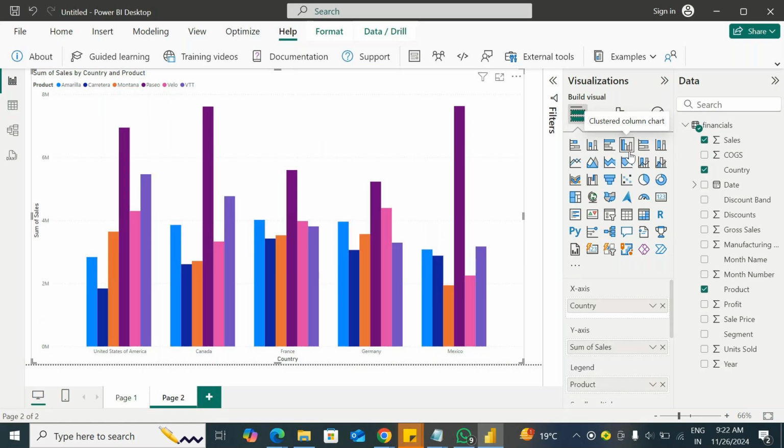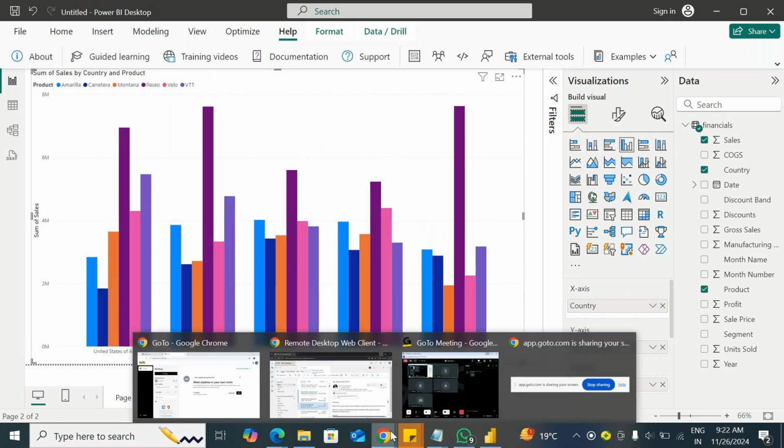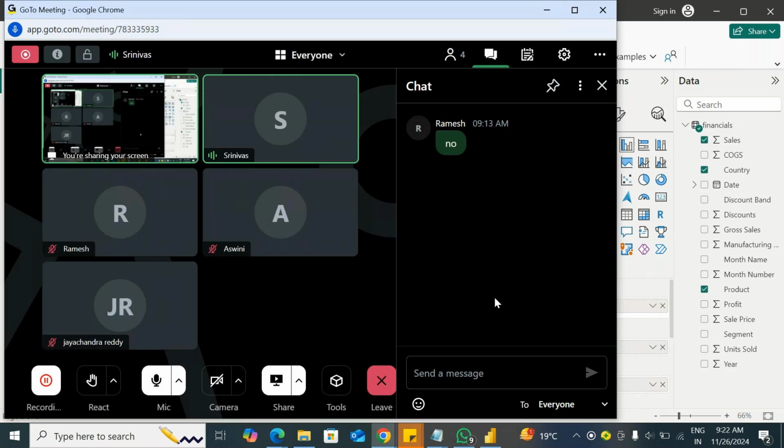Okay. So are you able to understand when to use a stacked bar and when to use a clustered bar? Does anyone have any questions? If you have a question, unmute and proceed.